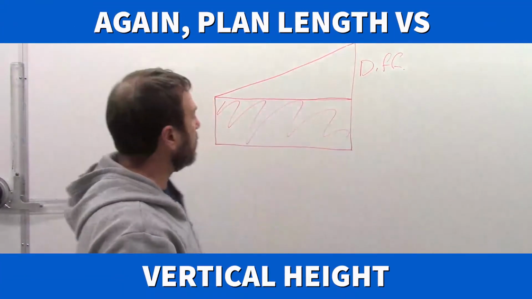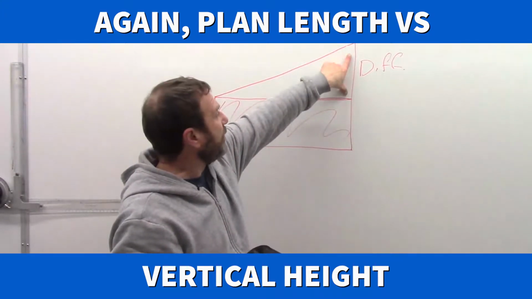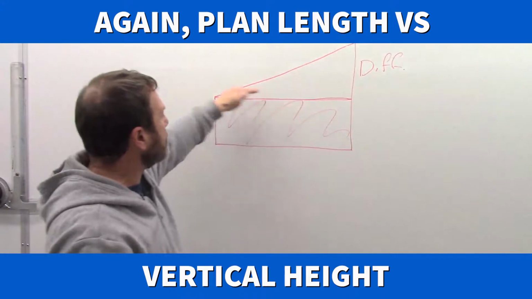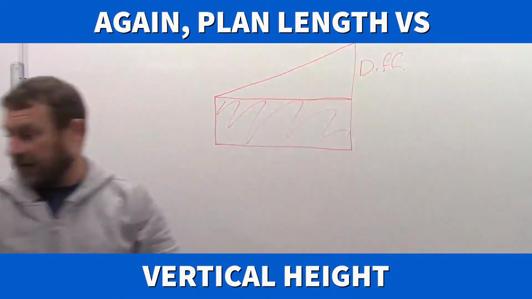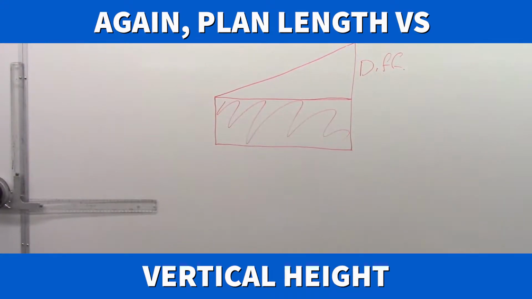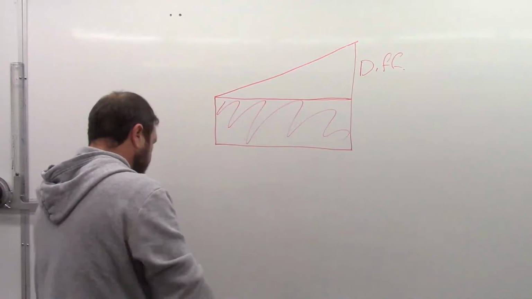We're going to see that when we draw the plan view, but the difference becomes our plan view length. Against the vertical height again, the hypotenuse becomes our true length. Okay, well, let's see what that looks like when we actually draw our plan view.